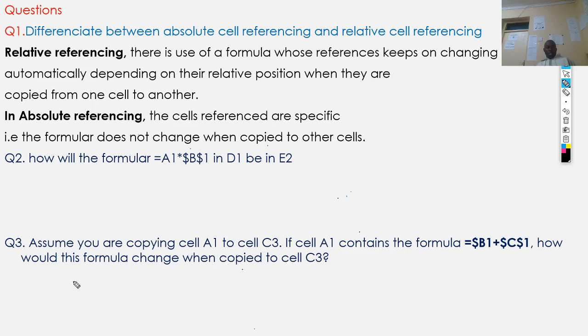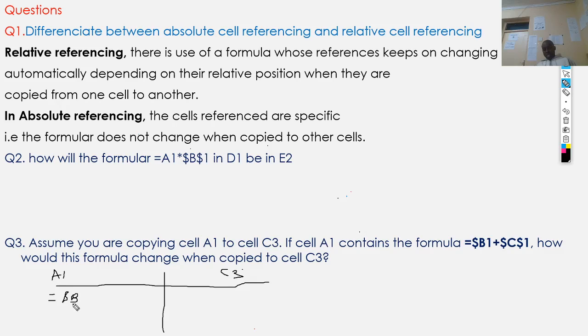Now what you do, you make that table like I explained. You make a table of A1 and C3. Then you understand that the formula in A1 is equals to $B1.